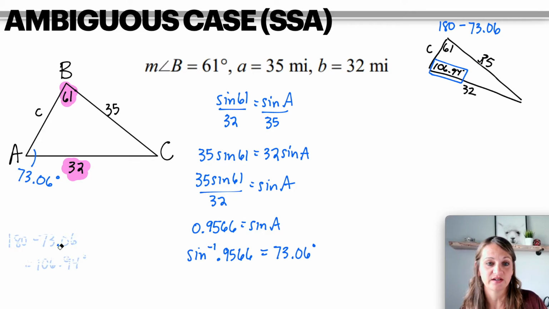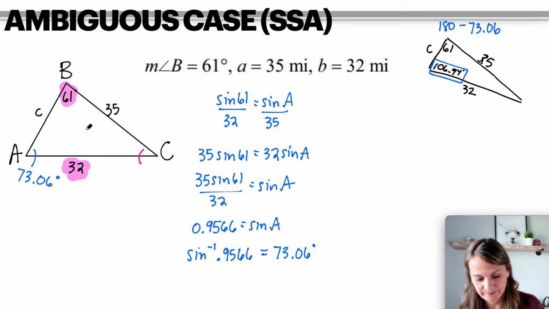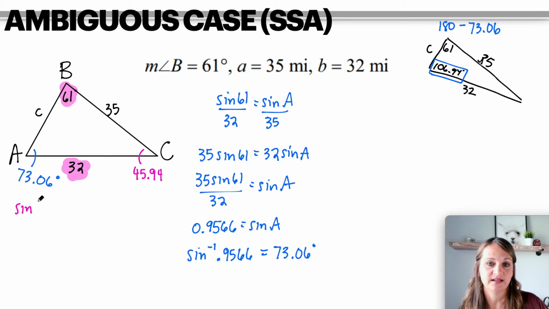So we're going to go over here. We are going to continue this triangle as if it's 73.06. The second step is to find angle C: add 73 degrees and 61 degrees, and then subtract from 180. Therefore, angle C is 45.94. Now we can find little c. So sine of 61 over 32 equals the sine of 45.94 divided by little c.